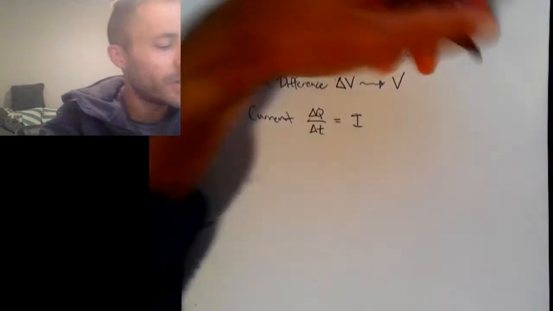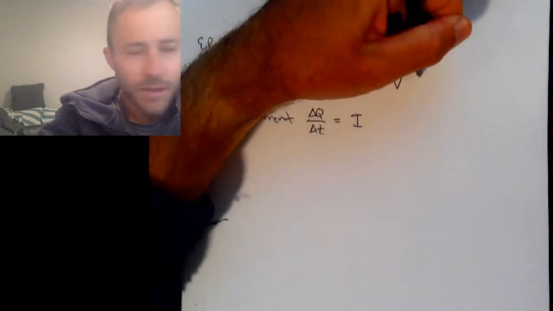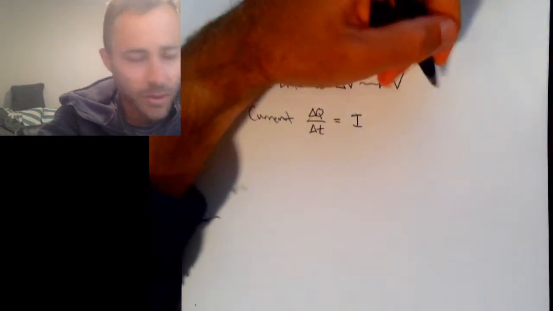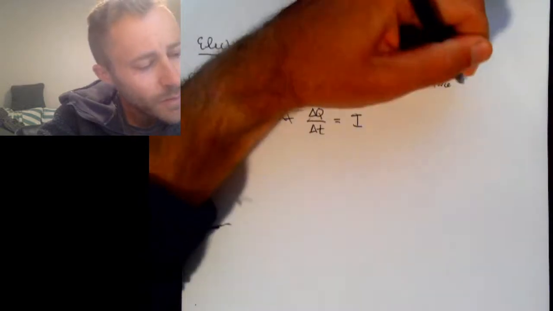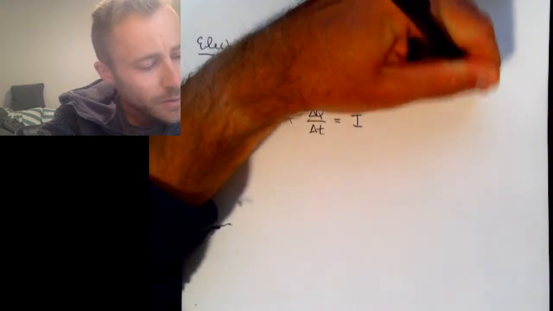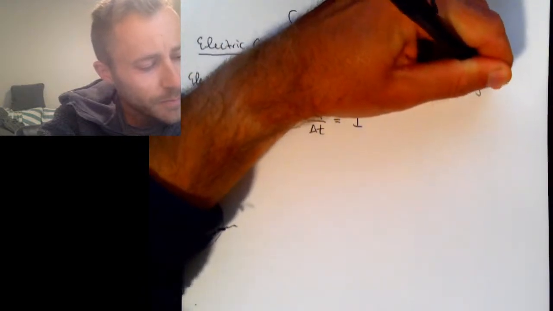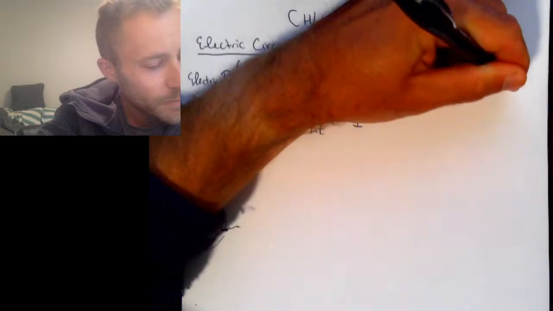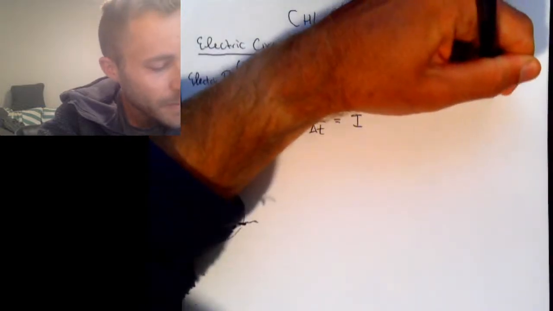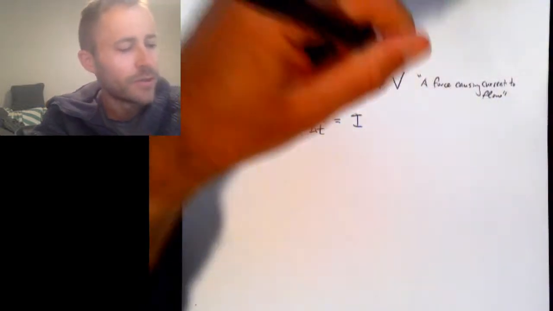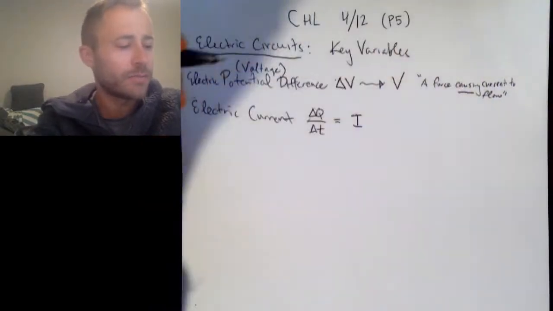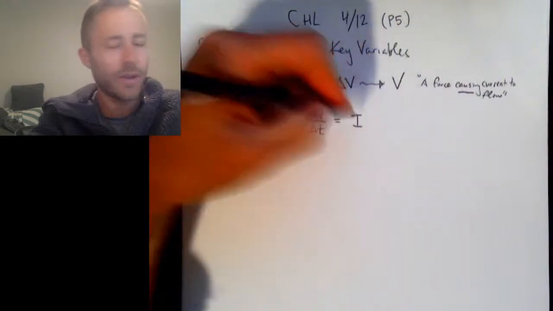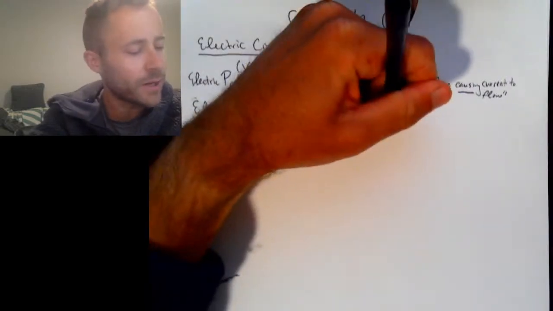So voltage is basically, in the context of circuits, you can think about voltage as a force causing current to flow. Okay, so voltage is the cause, and you could think about current as the effect.